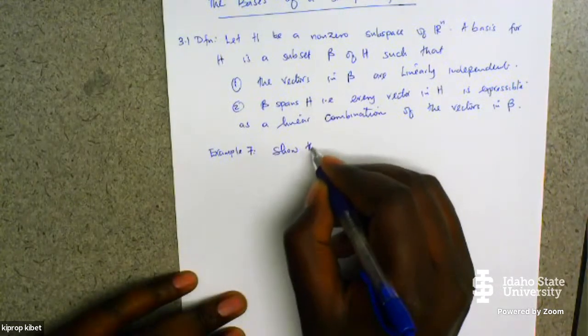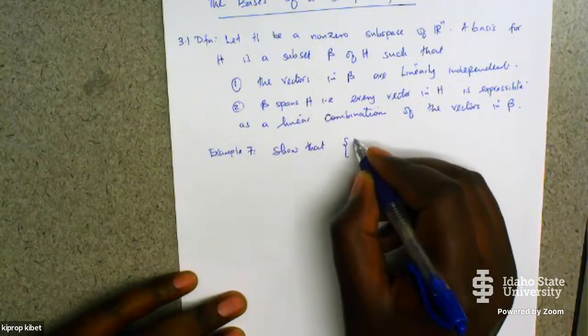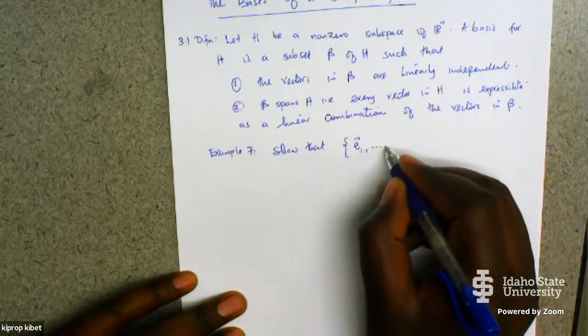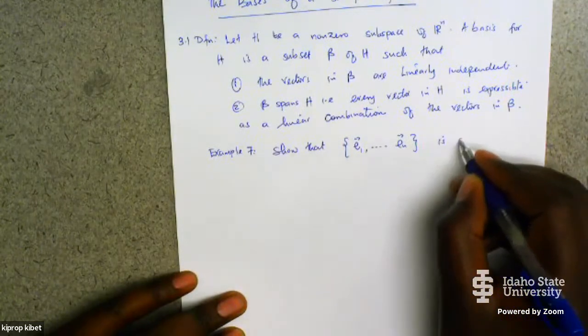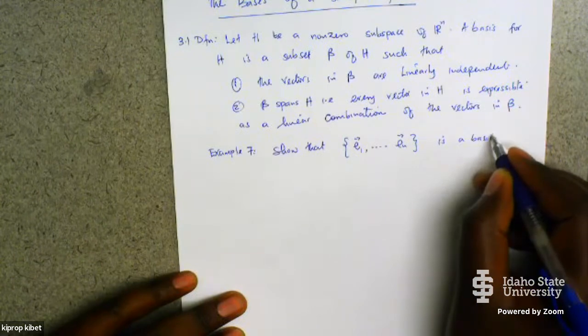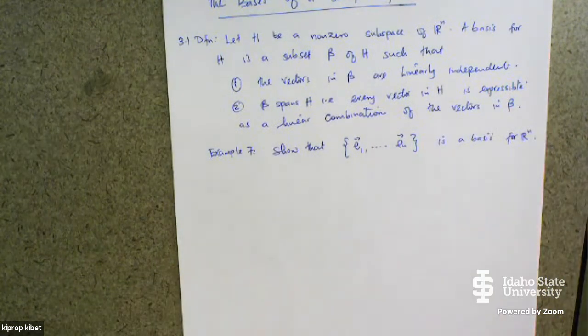For example number 7. Show that the standard vectors e1 all the way to en is a basis for Rn.